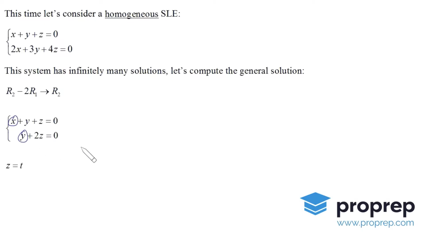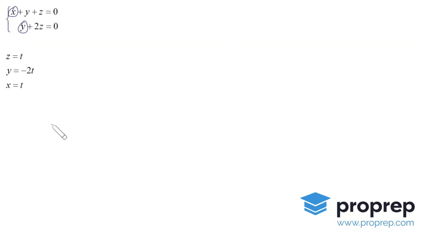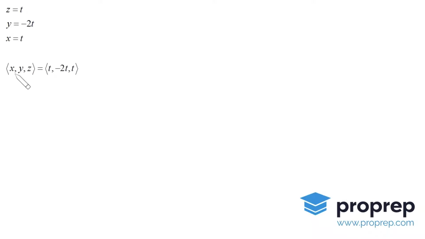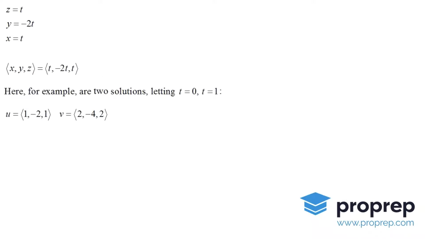And just like before, plug it in. And from here we get y, and then from z and from y we get x. And this is what it is. And I'll put it in vector form, like so. And just like before, let's take two example solutions by setting t equals 0 and then t equals 1. I forget what we did before, if it was 0 and 1 also. Anyway, we get u and v as these two vectors.